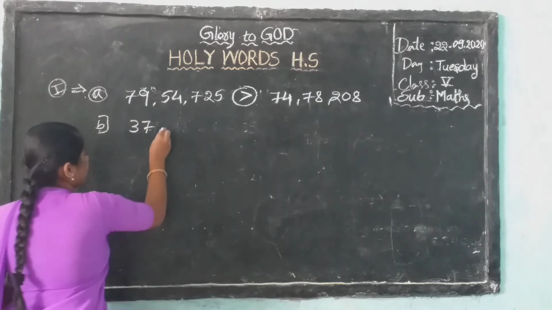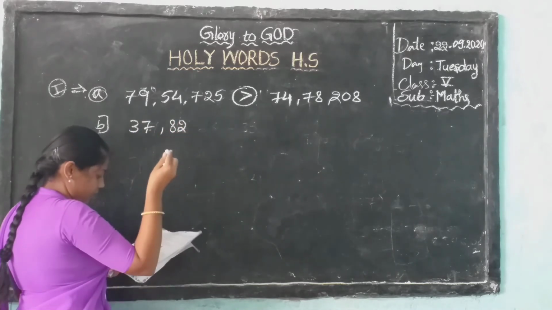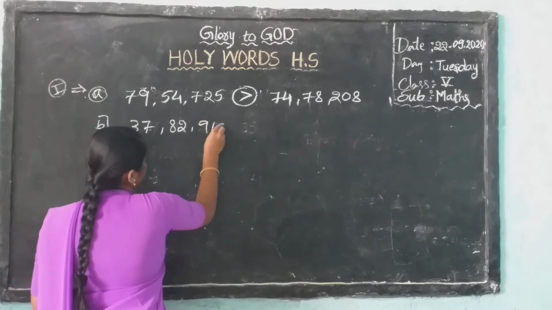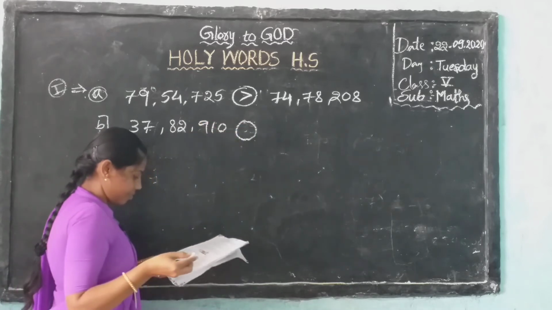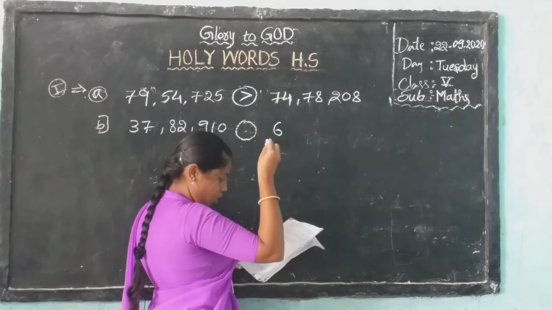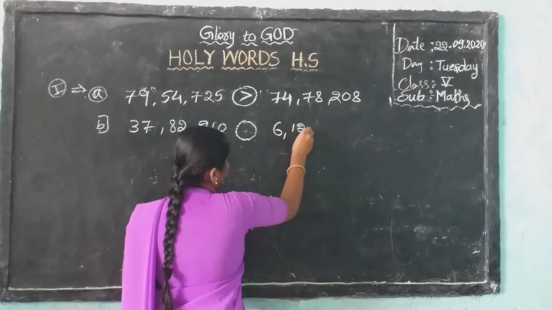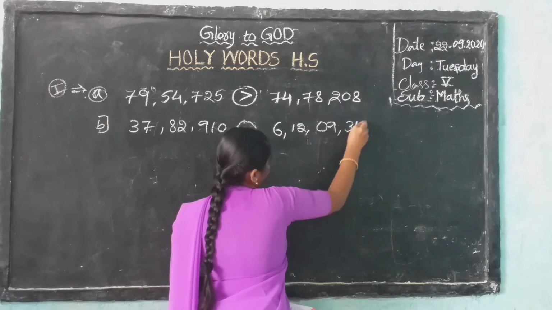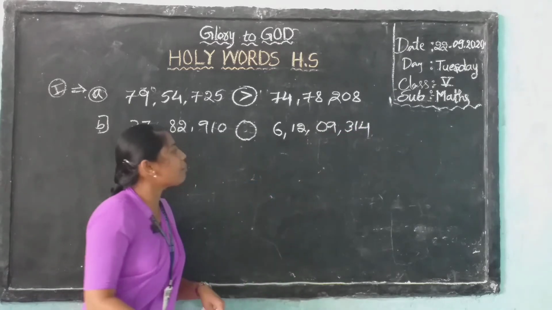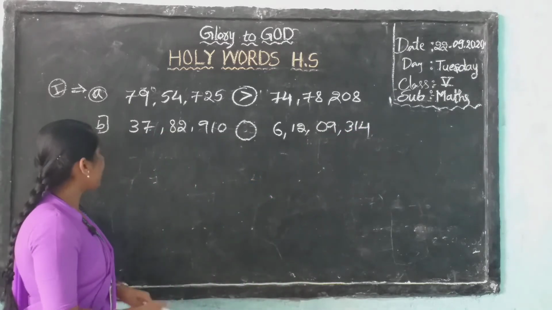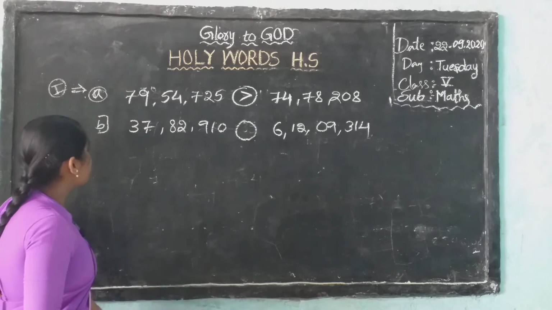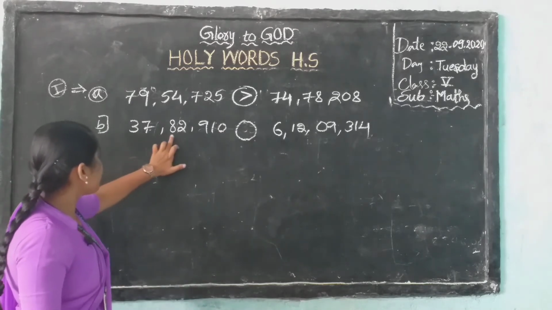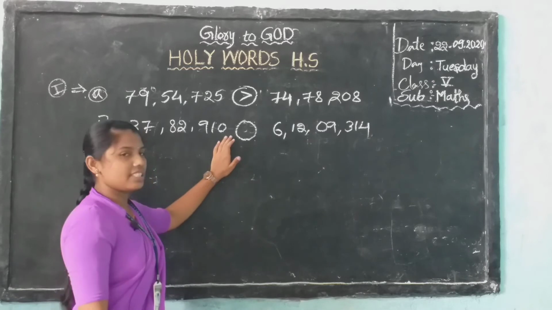37 lakhs 82,910 and 6 crores 12 lakhs 9,314. So which is the biggest number here? Okay, listen carefully. 1, 2, 3, 4, 5, 6, 7: 7 digits.